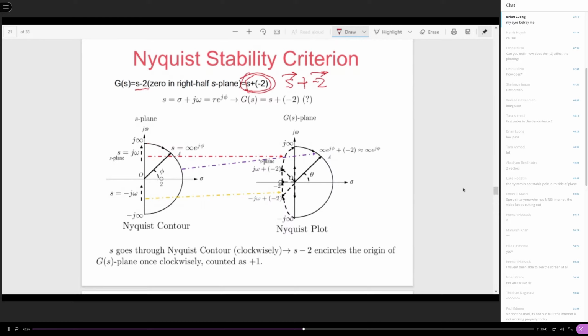Let's see where this s vector and the minus 2 vector are going to be. You see the minus 2 vector, it is here.